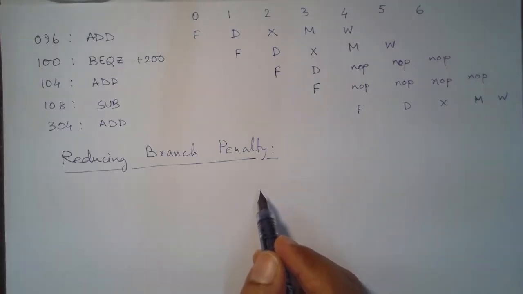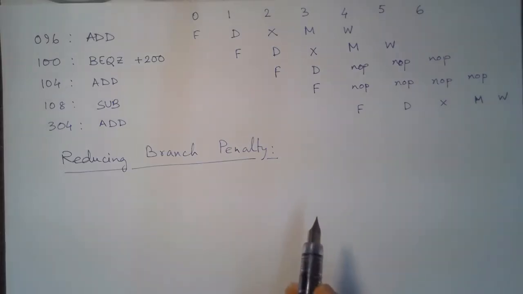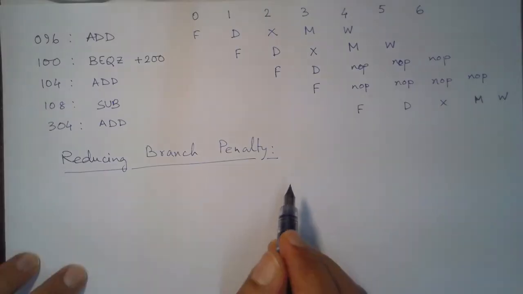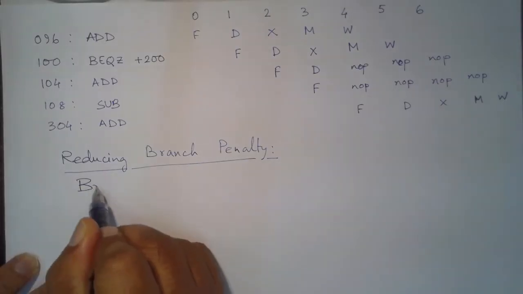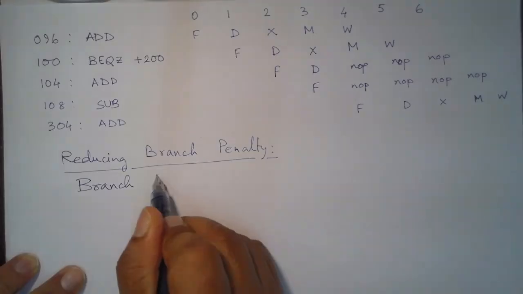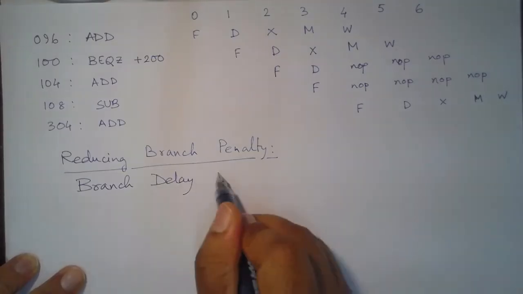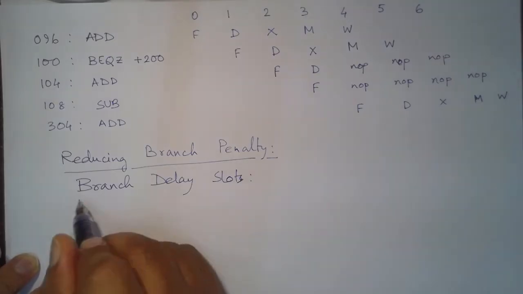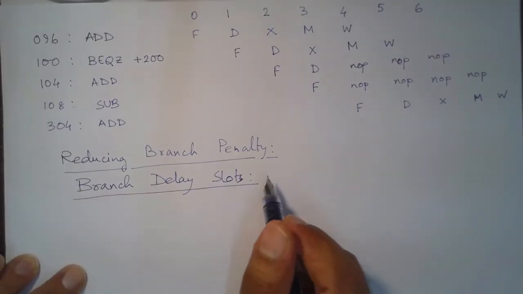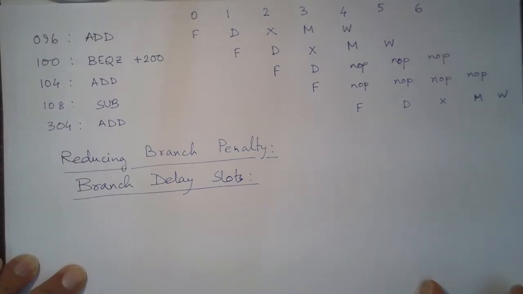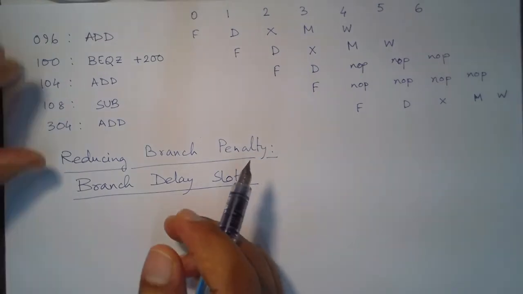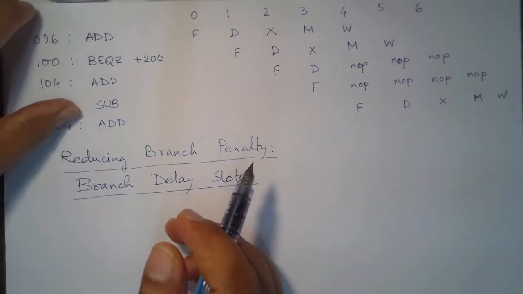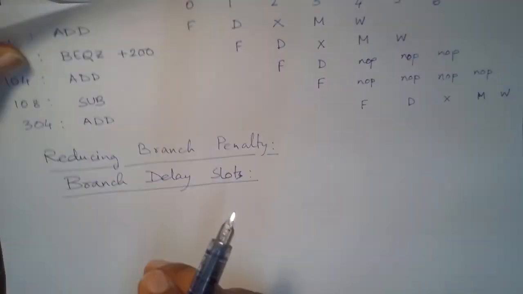The other more popular approach for reducing branch penalty is something called branch delay slots. This is nothing but exposing the control hazard to software.